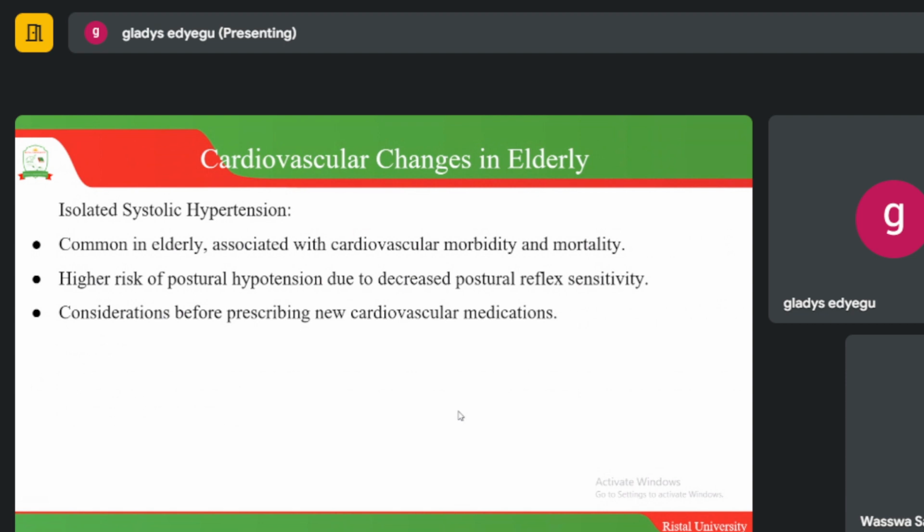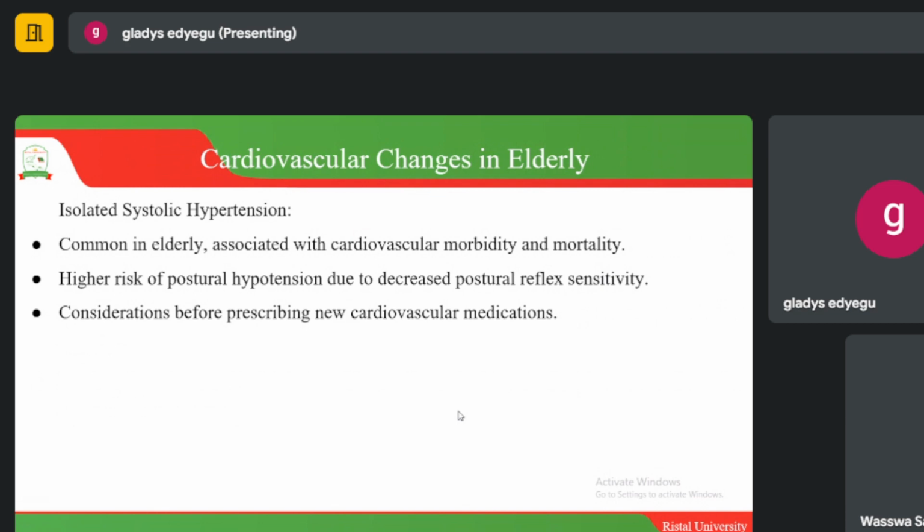Then considerations before prescribing new cardiovascular medications. We should always put this into consideration before we say this patient has failed with this condition, let's change to these drugs. It might be just because of the state of the patient at that time, which has made that condition change in that manner.